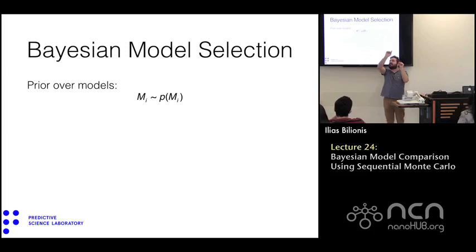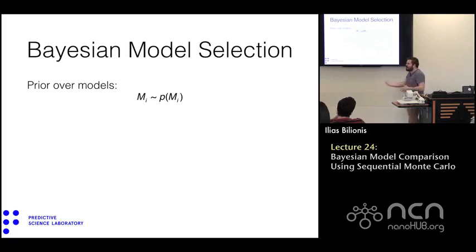If you just have these three, you will say 1/3 probability for the first one, 1/3 for the second, 1/3 for the third. If you have some reasons to believe that some models are more probable than other models, then you can state that in your prior, but that's pretty much it. Put a prior on your models and then ask the question, given the data I've seen, what is the posterior distribution over the models? That's pretty much it.